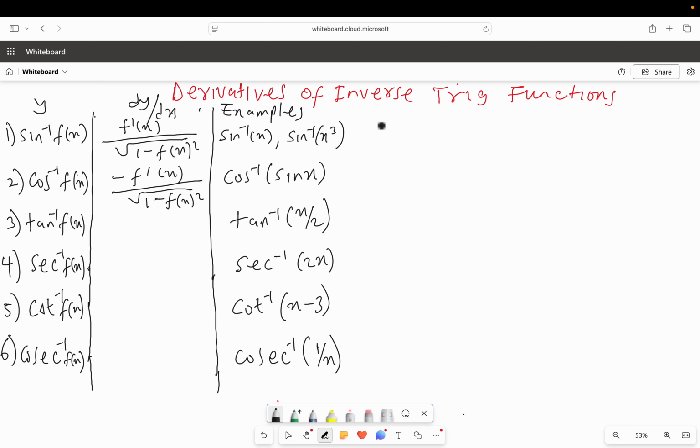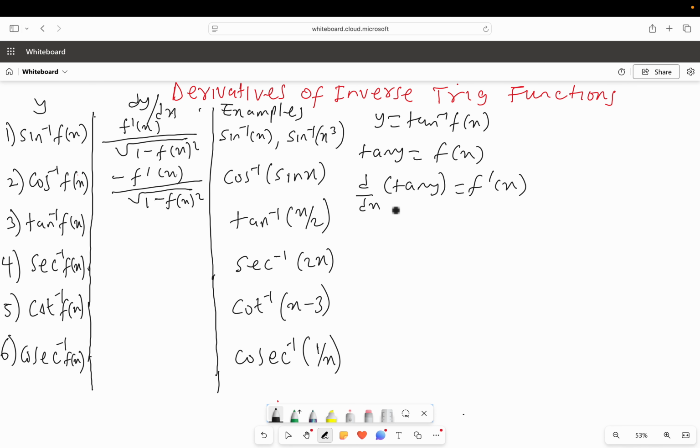So let us move to the third function. I have y is equal to tan inverse of f of x. If I take the tan of both sides, I will have tan y is just f of x. So I can differentiate both sides with respect to x. I will have d dx of tan y is just f prime of x.